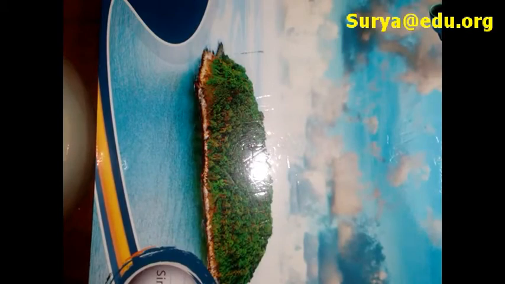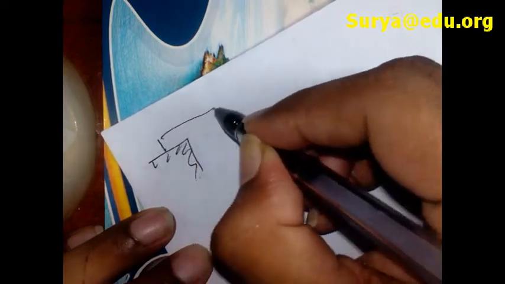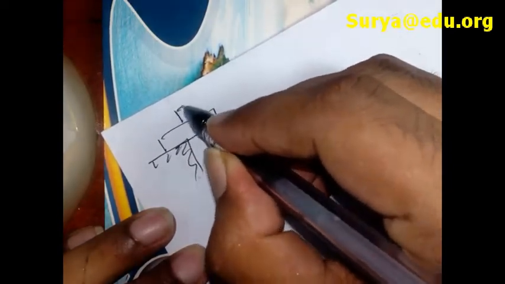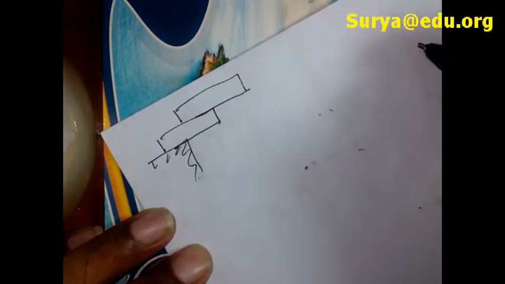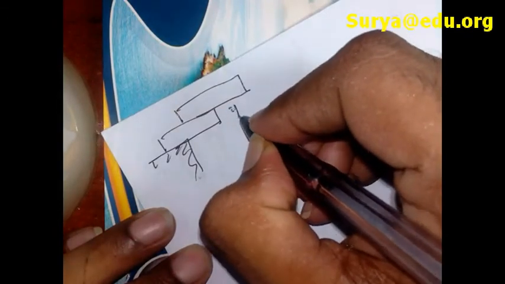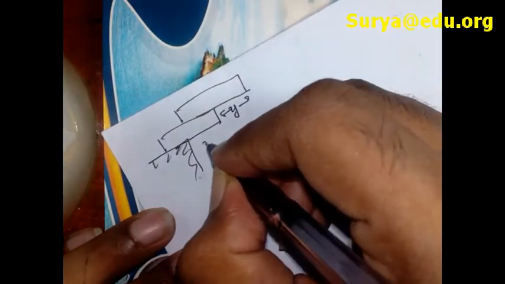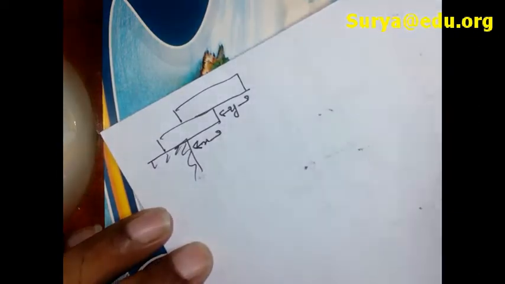Now I will summarize the mechanism. This is the problem that they have asked: to find this length y and this length x, right?